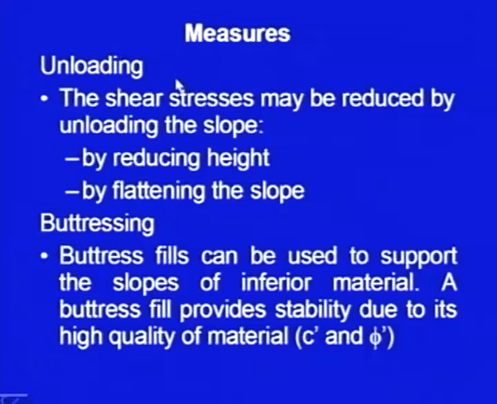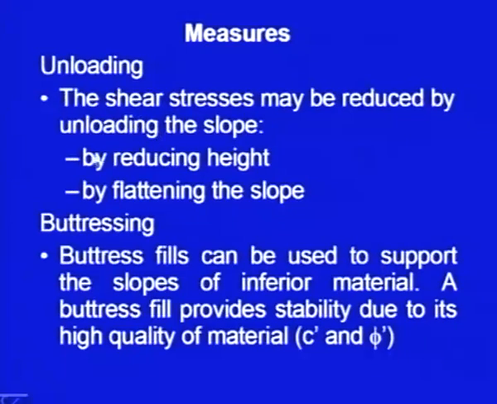The first thing is we can try to reduce the shear stresses. Mechanistically it is a very simple problem. There are actuating forces and there are stabilizing forces. So, if we try to reduce the actuating forces, the shearing stresses, that can be done by unloading. That can be the first approach.